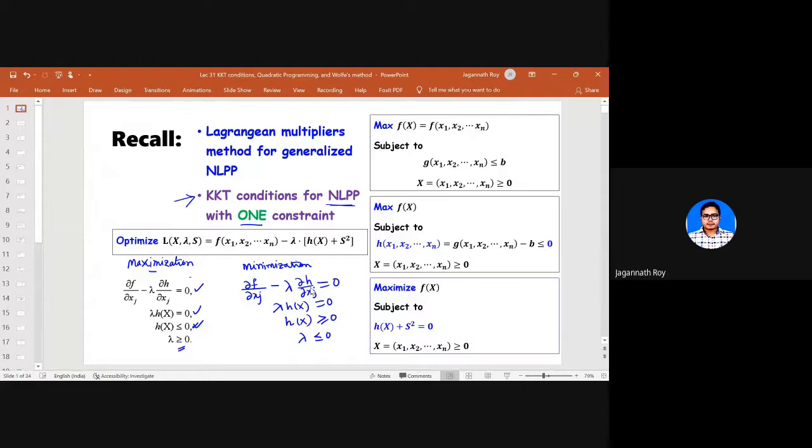So that's for a minimization problem. So these are the KKT conditions.